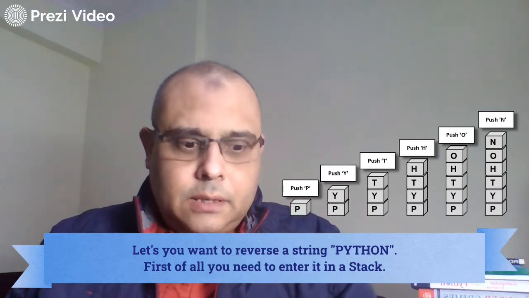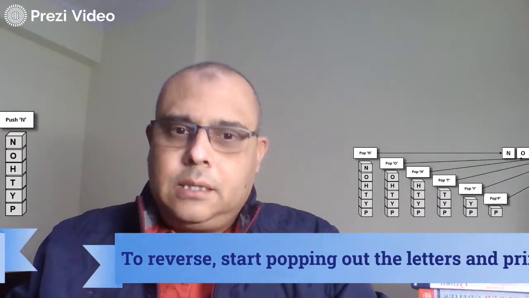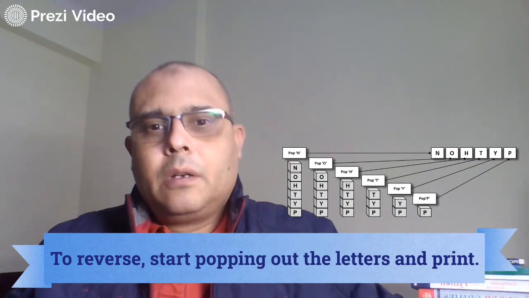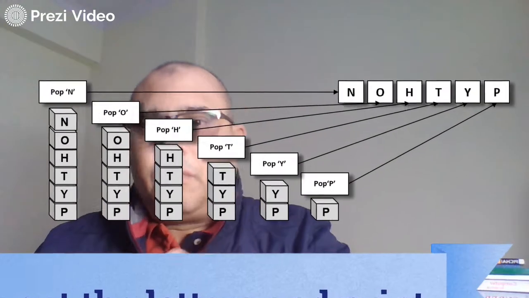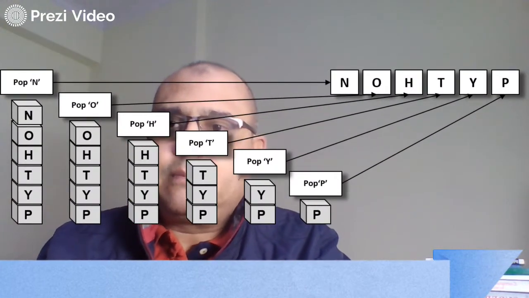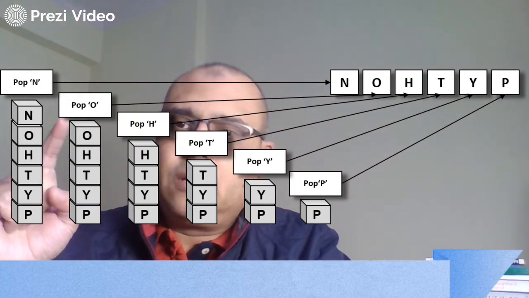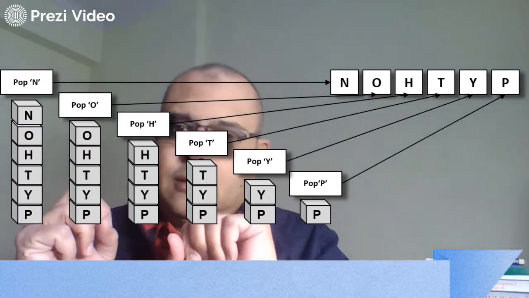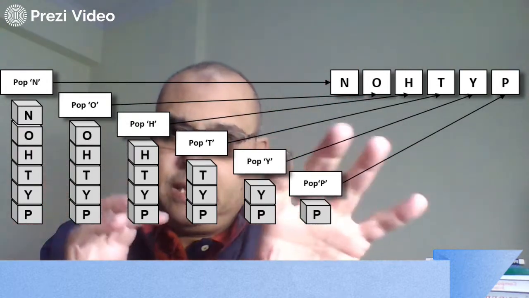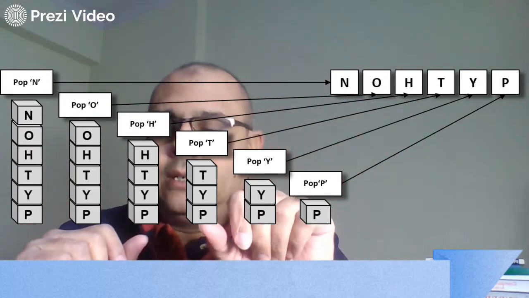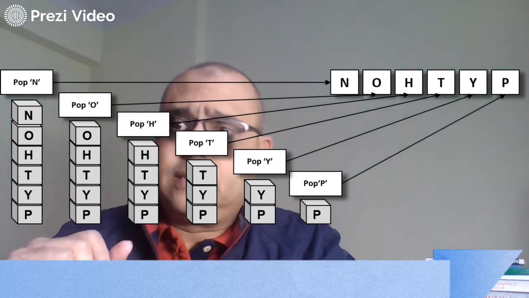Now how is it reversed? For reversing this string, what do we do? We start popping out the elements. That means N is the first character to be popped out, and we send it to the print area, or we send it to the monitor, the output screen.